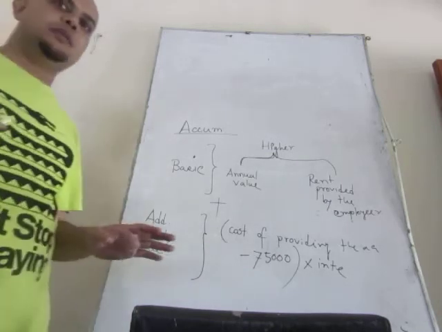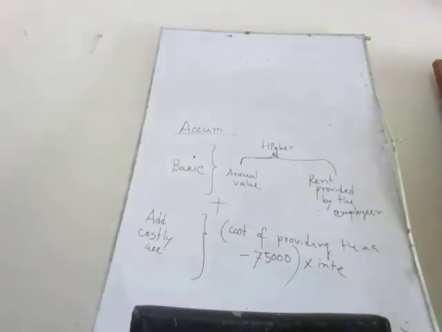See, here all benefits are listed. Exempt benefit, then taxable benefit, 75,000.